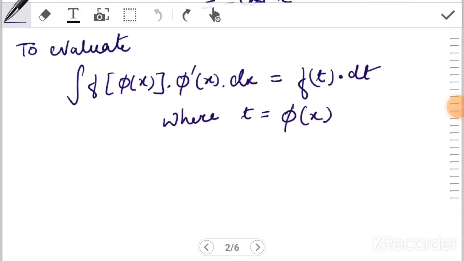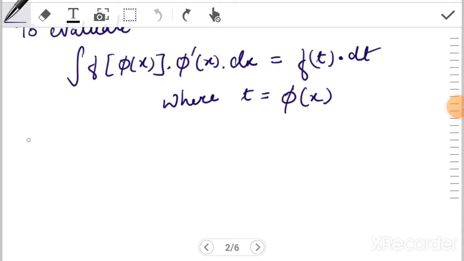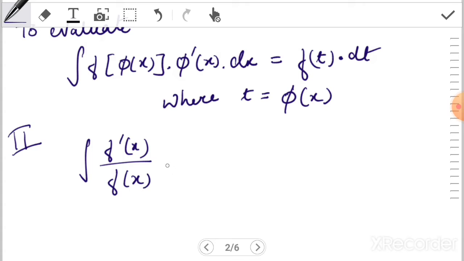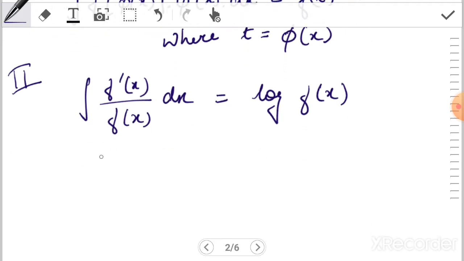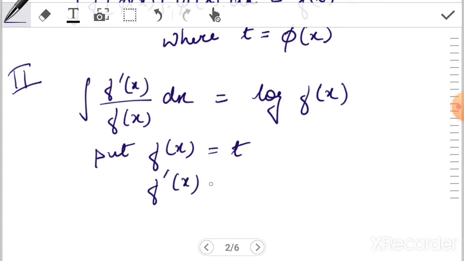Second form is integral f dash(x) by f(x) dx is equal to log of f(x). Okay, so put f(x) is equal to t, then differentiating we get f dash(x) dx is equal to dt.